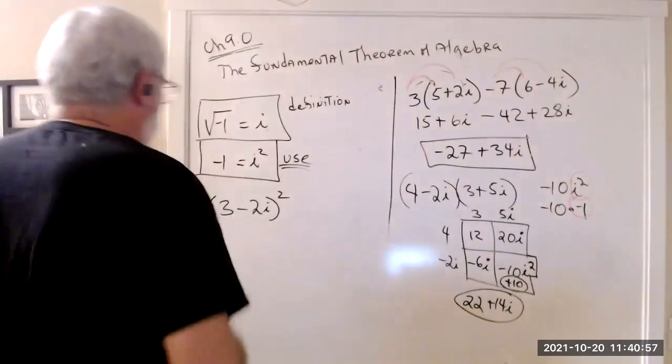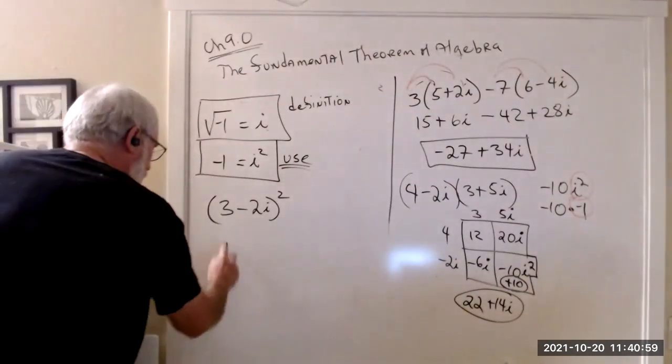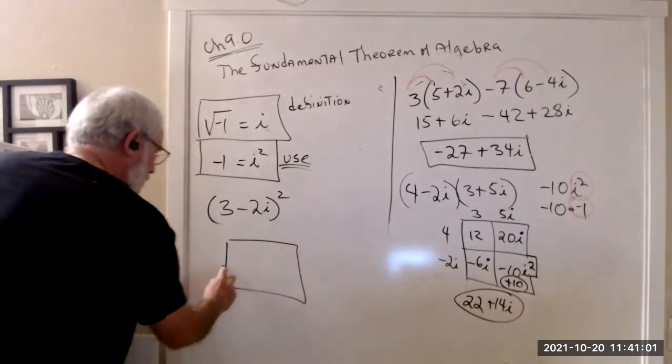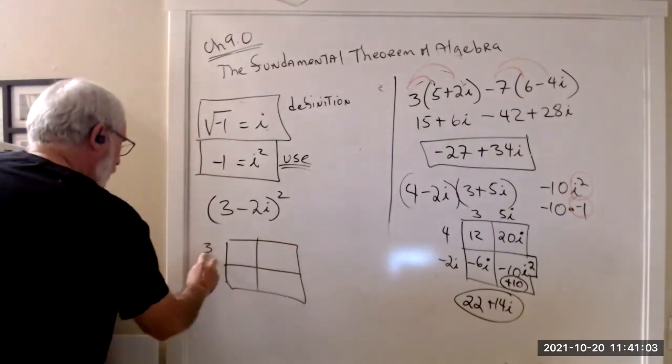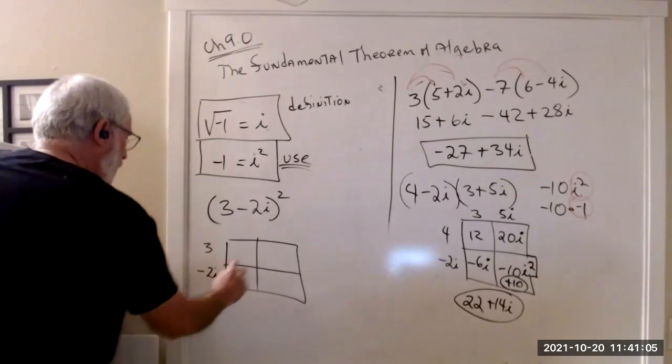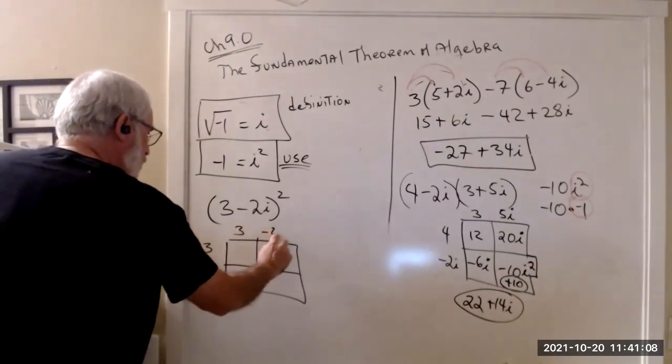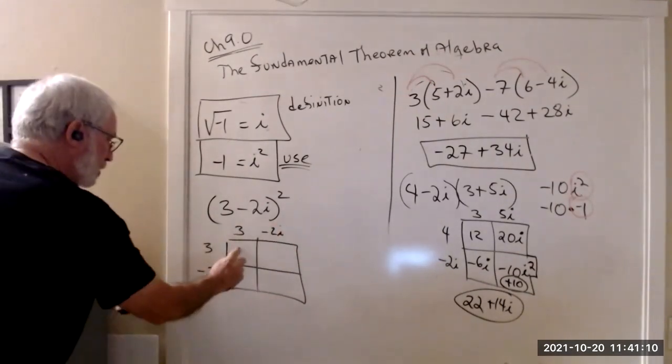Oops, we're recording. I should have paused this. Oh well, we'll work it out. 3 minus 2i, 3 minus 2i. This is 9.